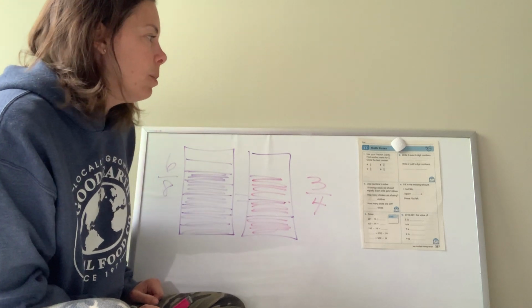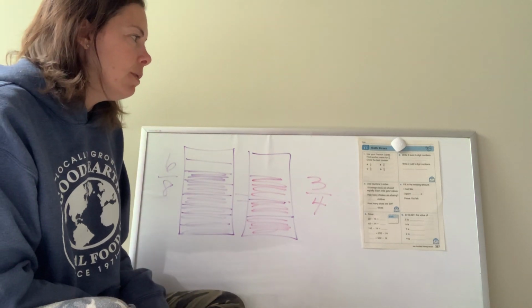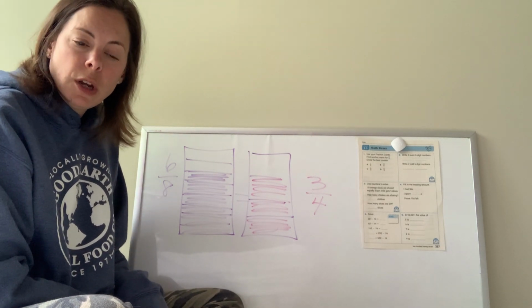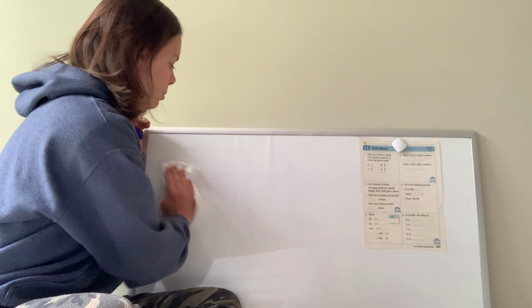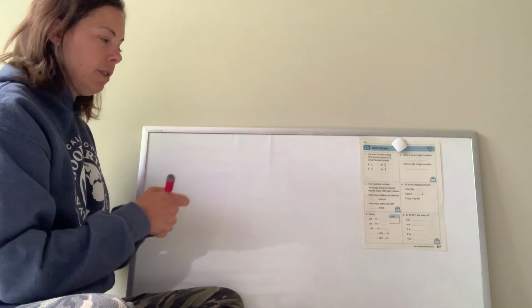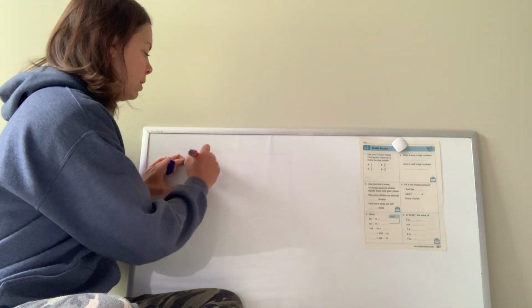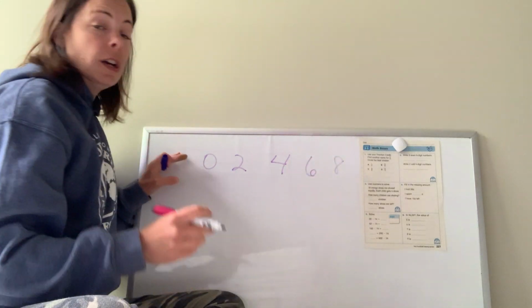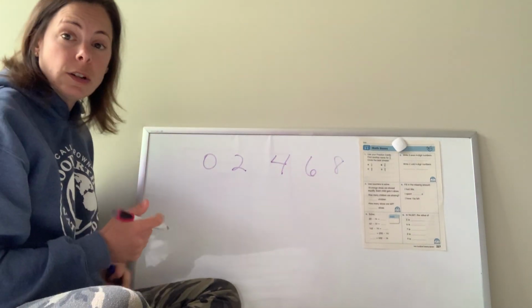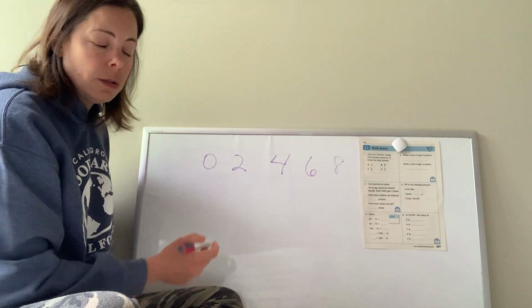Okay. Number 2, write 2 even 4-digit numbers, which means your number has to have 4 numbers in it. So it's going to be in the thousands. It has to be even. And if it's even, it's going to end with 0, 2, 4, 6, or 8. So you can make any number you want as long as it ends with those. It's only the ones place that matters.